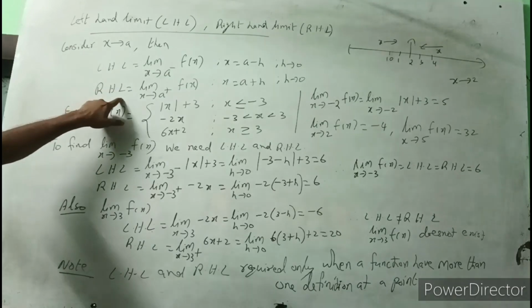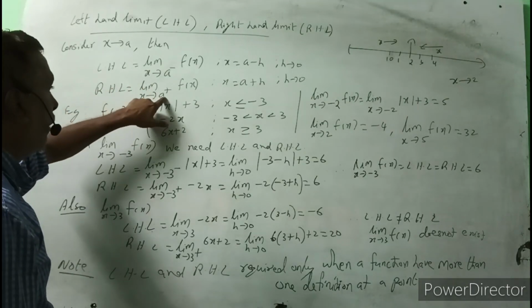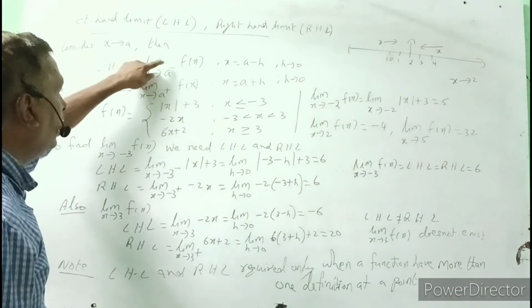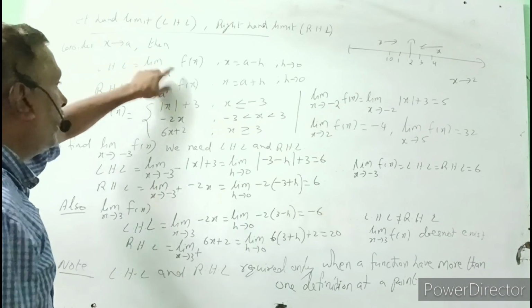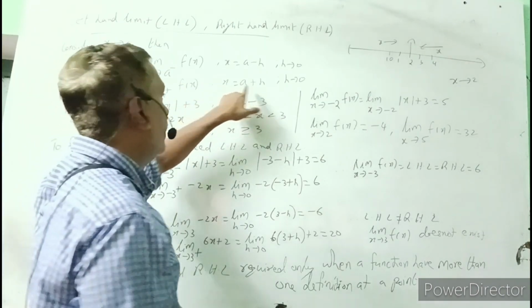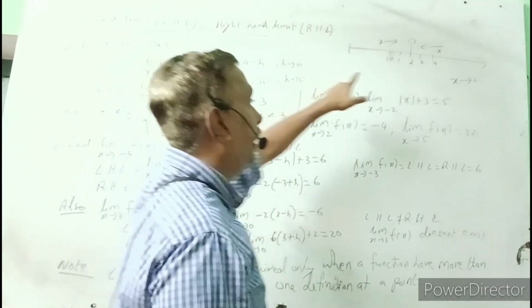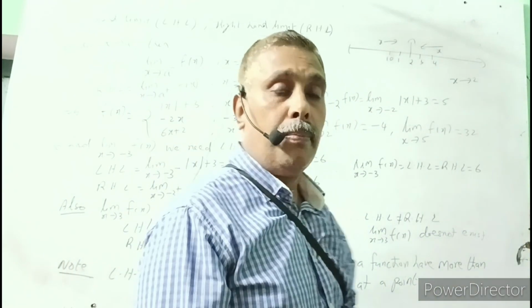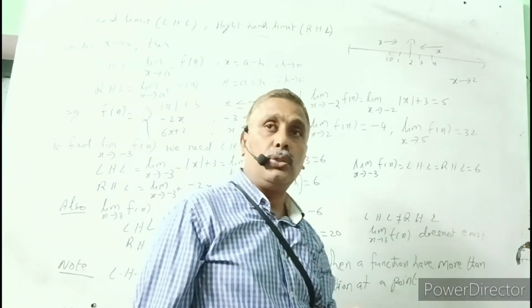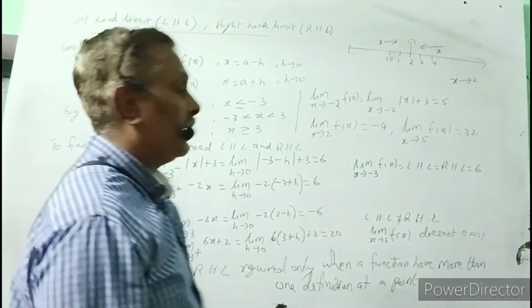That is RHL, limit x tends to a plus. Plus shows the right side, minus shows the left side, f of x. Here x is a, the number to be added is a very small number. Here also 2 plus a very small number is 2.0001 etc.